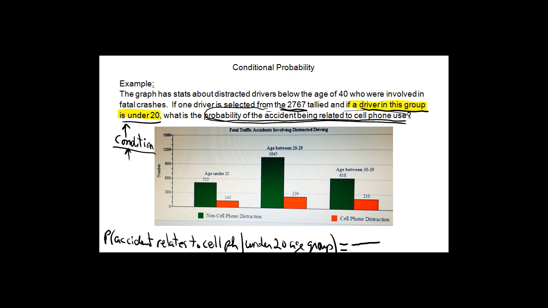Well, the condition is that we're in the under 20 age group. That's here. So our sample space gets reduced. And as you can see now, this 2767 is not even going to matter anymore because our sample space went from 2767 down to whatever the number of drivers are in that group.